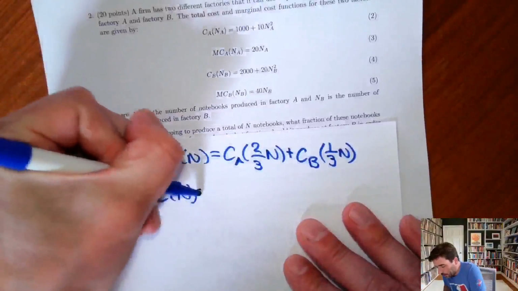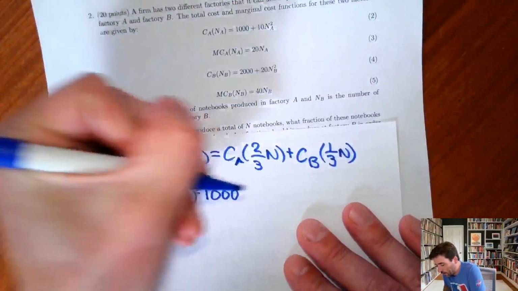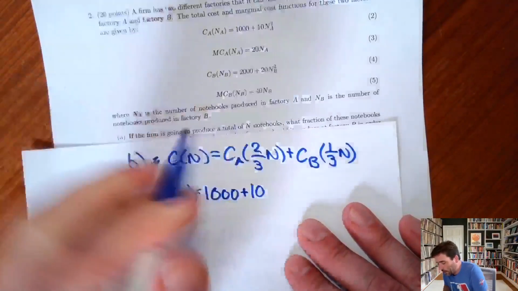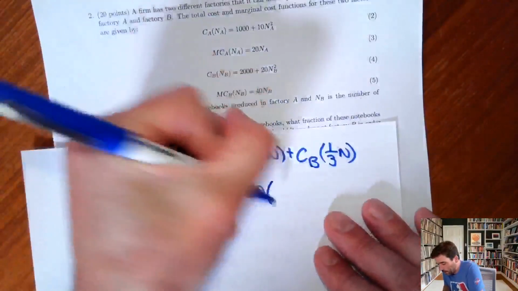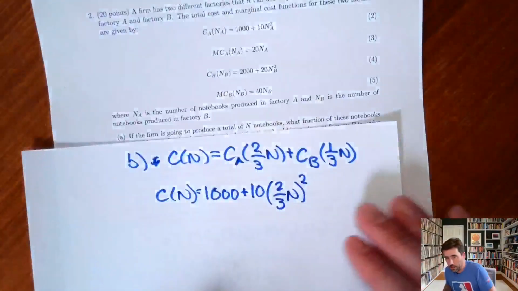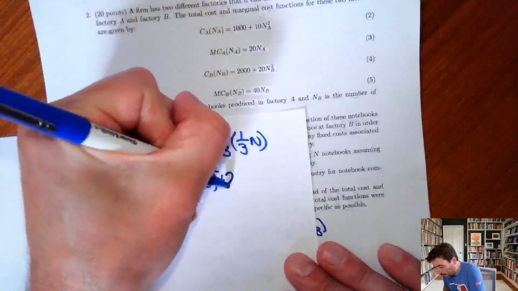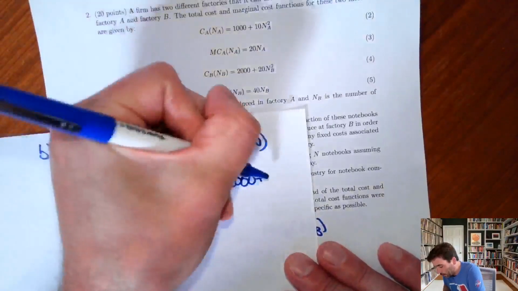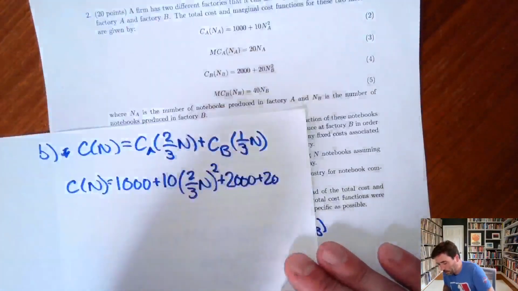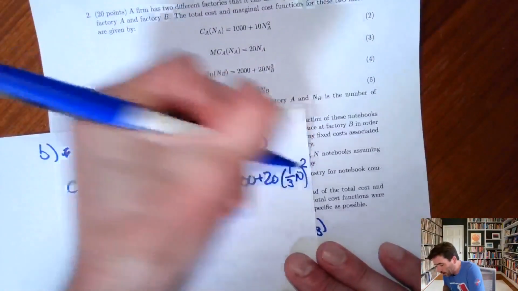So C(N) is going to be equal to, now CA is 1,000 plus 10 NA squared, so that's going to be 2/3 N squared. And now CB, we've got 2,000 plus 20 NB squared, so that's going to be 1/3 N, all of that squared.